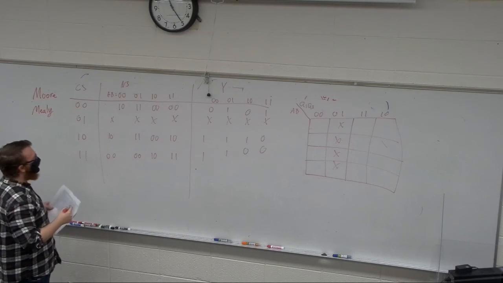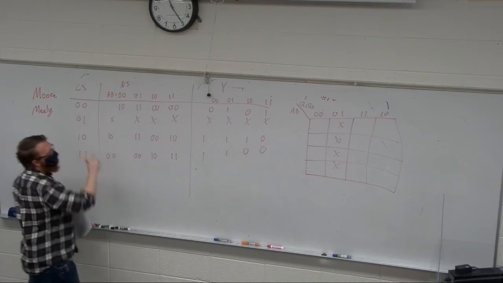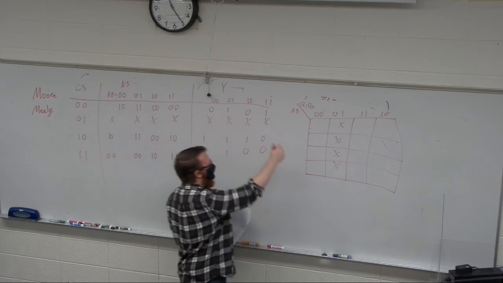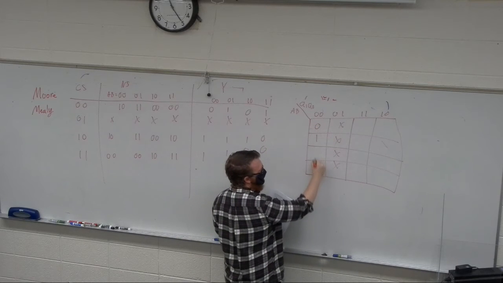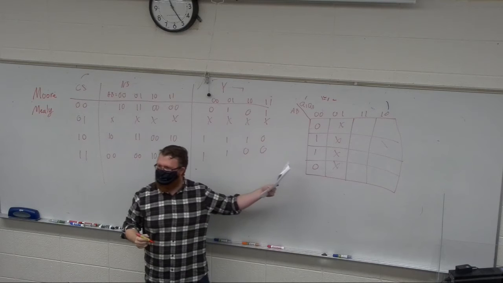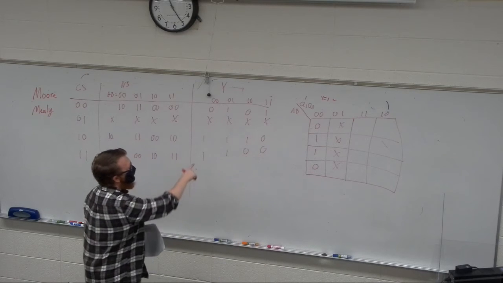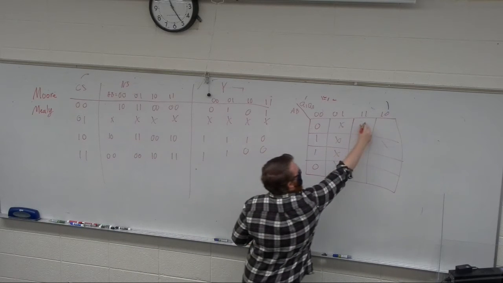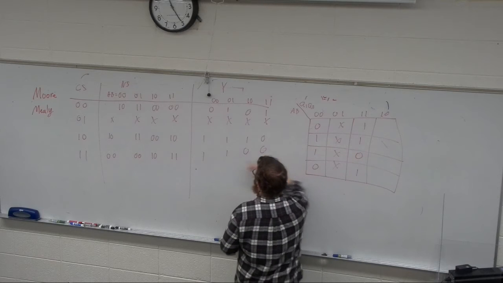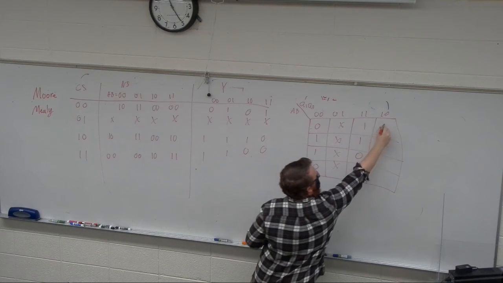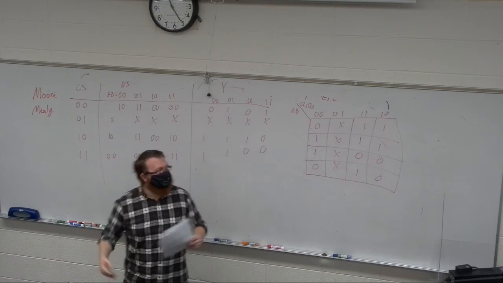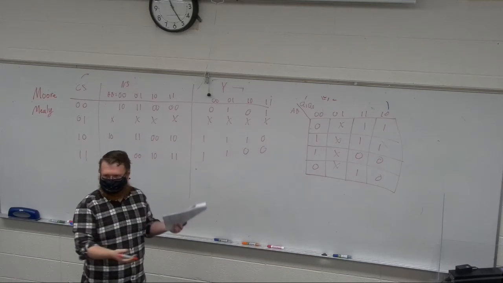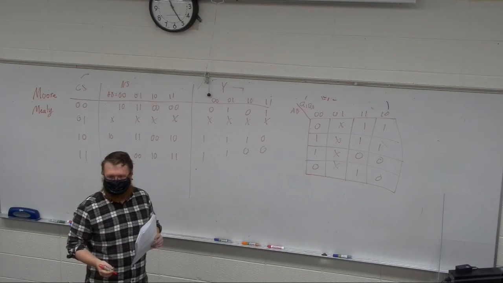So we can pretty quickly jump to, well, in the case of 0, 0, I do 0, 1, 0, 1. Because they're out of order. And then I can just jump down to the same thing, 1, 1, 1, 0. Last one, 1, 1, 0, 0.